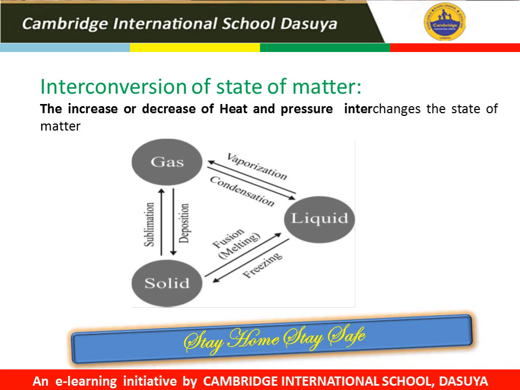And in the third part, where we have the liquid converting to gas, or the gas converting to liquid, when liquid converts to gas, that is done when heat is supplied, and it is called the vaporization process. In the reverse process, when the energy is removed, the gas converts into liquid, and this process is called condensation.